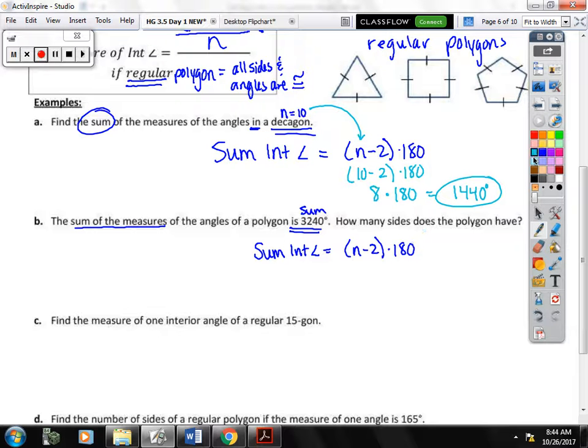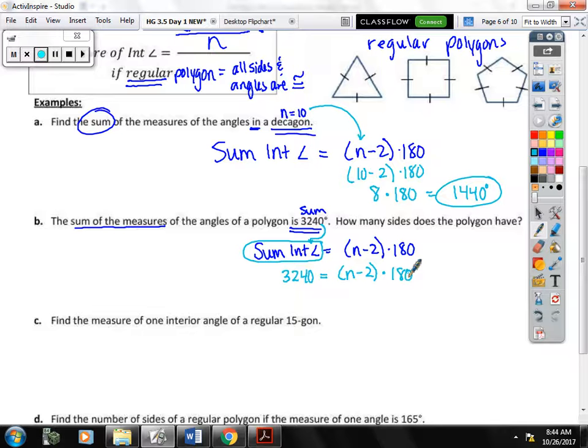But this time, instead of plugging in for n, we'll plug this number in for the sum. This is the sum. So 3,240 equals n minus 2 times 180. Then it's just algebraic solving.